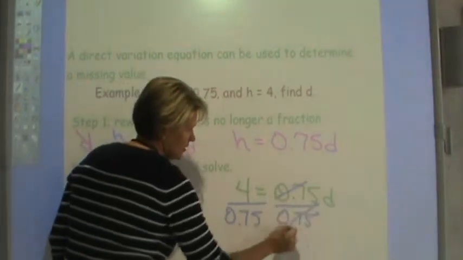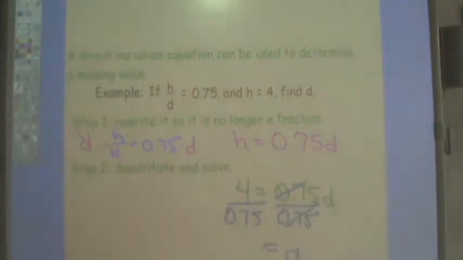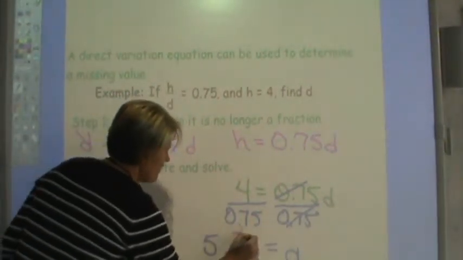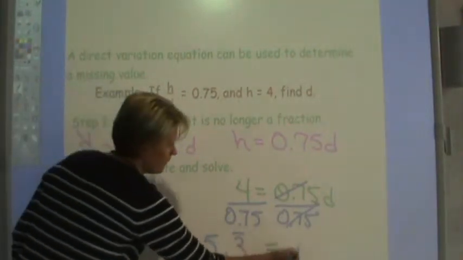This is going to cancel, this is going to cancel, and that's going to get me my answer of 5.3 repeating, or 5 1/3.